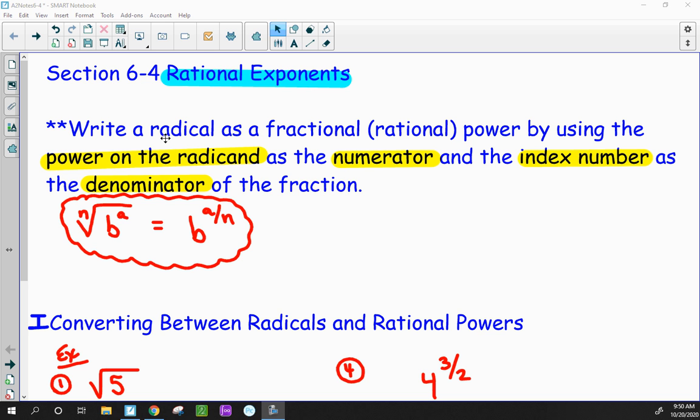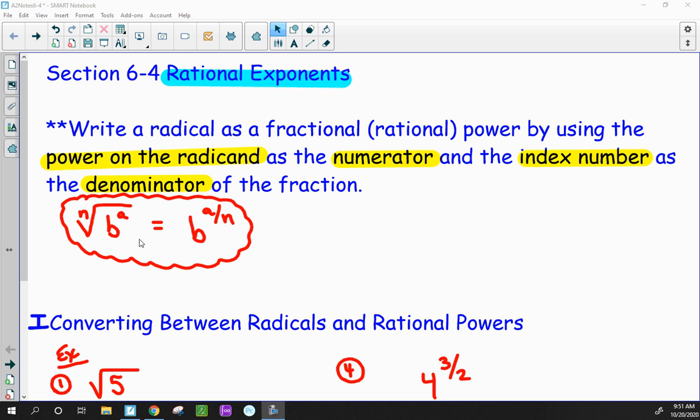We're going to write radicals as fractional powers by using the power on the radicand as the numerator of the fraction and the index number as the denominator of the fraction.